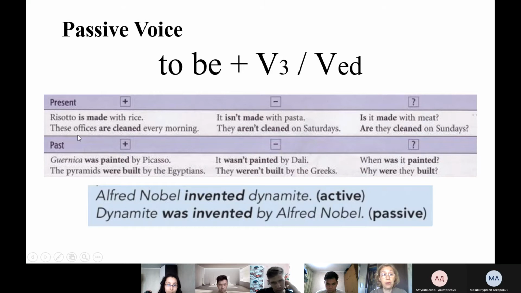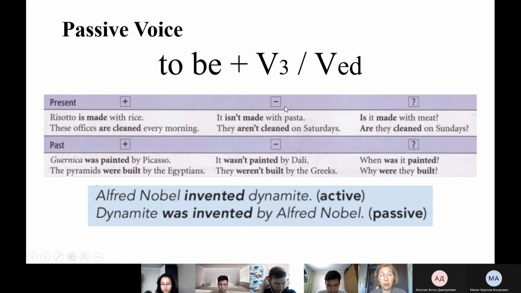Or, these offices are cleaned every morning. То есть эти кабинеты убираются каждое утро. And you can see the verb to be has the form is or are. Вот форма глагола to be в настоящем времени. Made is an irregular verb in the third form, and cleaned is a regular verb with ed.